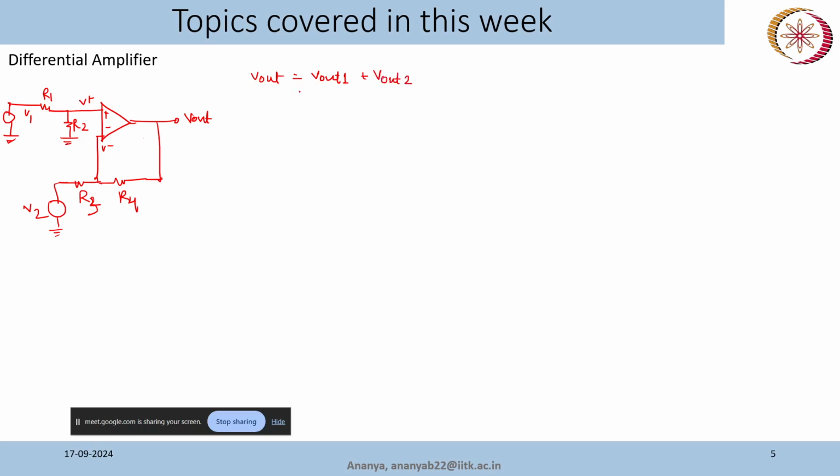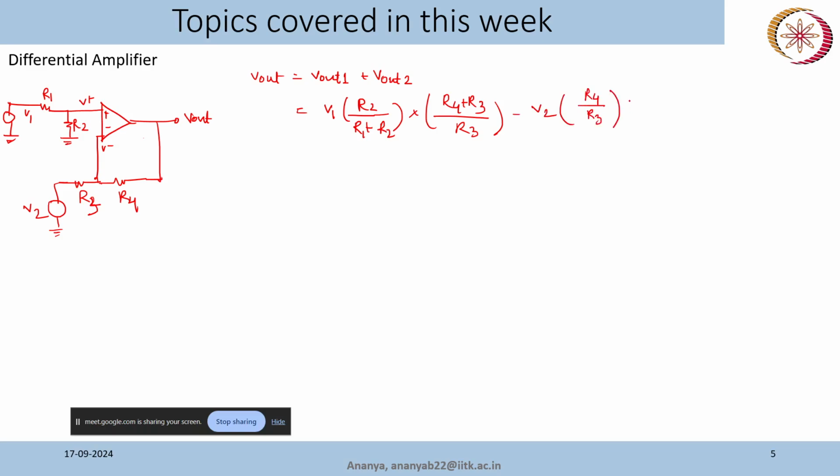We use the superposition theorem. Now this is equal to V1 R2 by R1 plus R2, I am just writing the expression from the lecture note, you can refer to that, times R4 plus R3 by R3, and for the inverting terminal it is negative, so this is minus V2 R4 by R3.